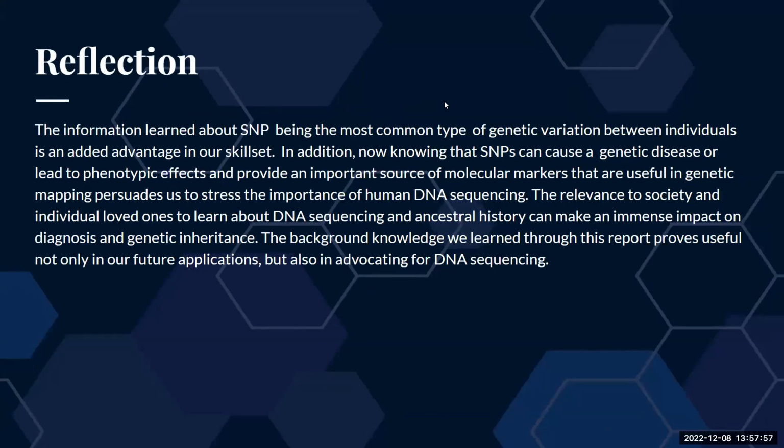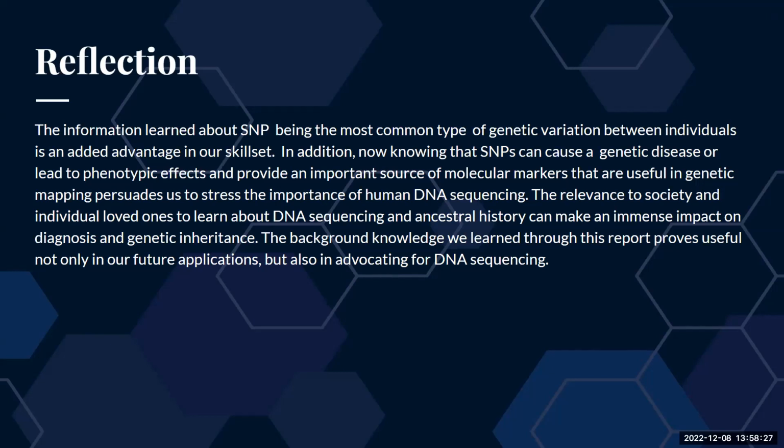All right, so looking back on our reflection on the SNP of prostate cancer, we did learn that it's the most common type of genetic variation between individuals. It does give us an added advantage in our skill set. In addition to not knowing that SNPs can cause a genetic disease or lead to phenotypic effects, it does provide an important source of molecular markers that are useful in genetic mapping, which does persuade us to stress the importance of human DNA sequencing.